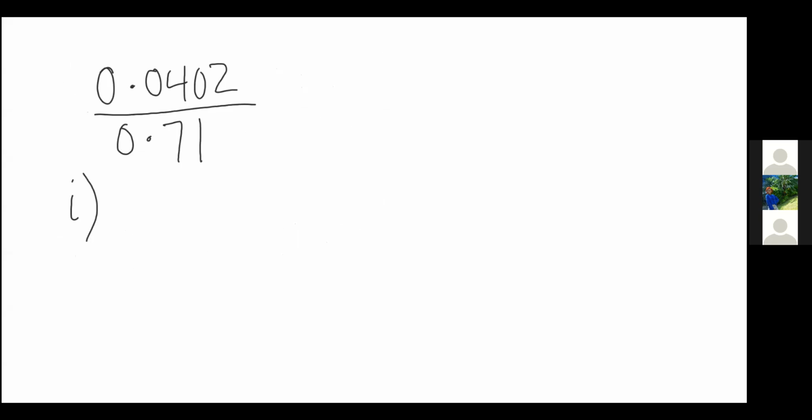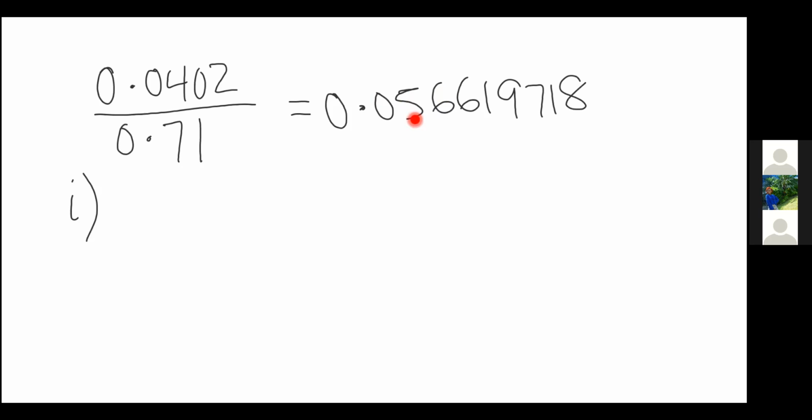Put down your exact answer, which is 0.056619718. And now we're going to deal with what they are asking us for, which is 2 decimal places. So 1, 2, there's a 6 after, so we have to add 1. So that's going to be 0.06.